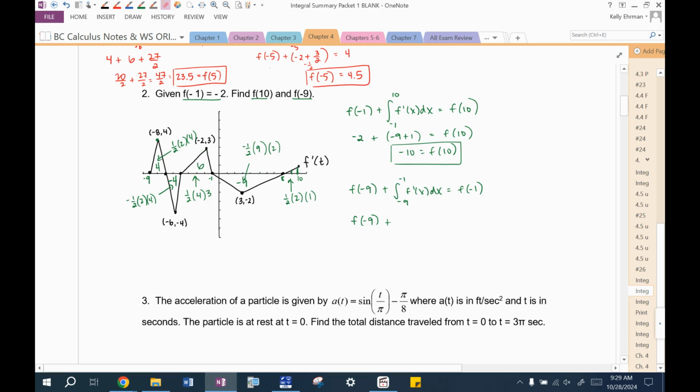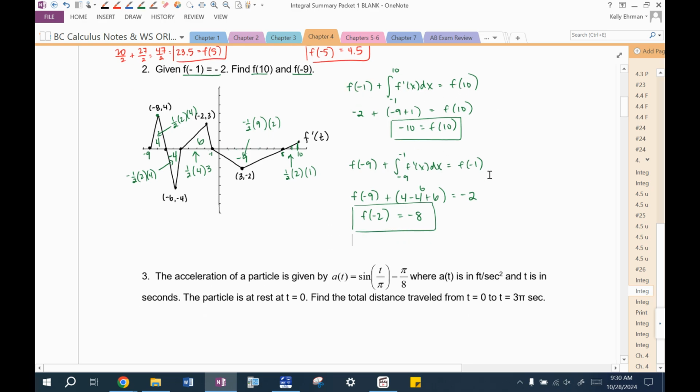Okay, I was just drawing that height in there. And we're stopping there. So this is -4, 4 minus 4 plus 6 is equal to f of -1, which was -2. So we don't know f of -9. This is just 6, right? So I'm going to subtract 6 to this side and get -8. This is the fundamental theorem of calculus that we're using.